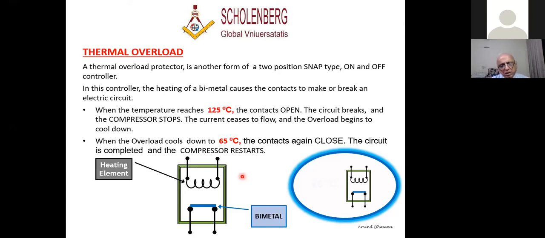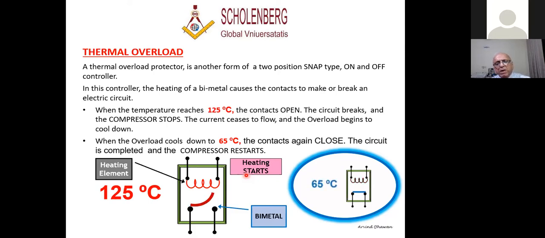Now that too has changed. We have our latest models, where we use simple thermistors. I'll come to that. Take a look at this. Heating starts. When the temperature reaches 125 degrees centigrade, this bimetal will move away.